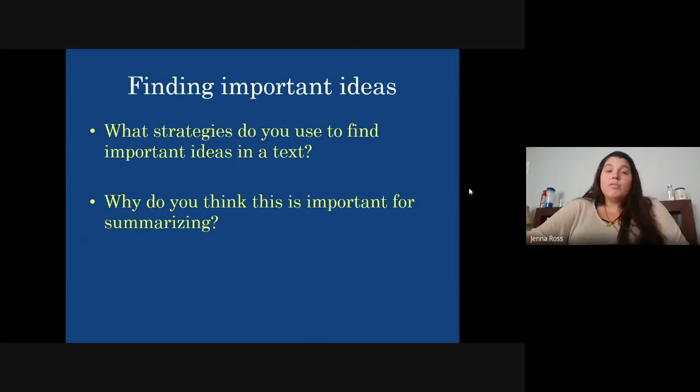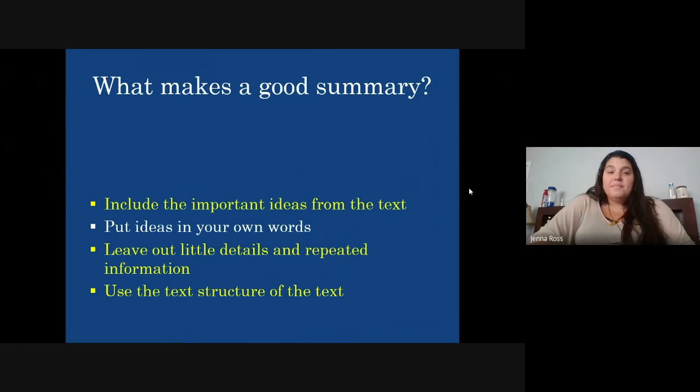And we've talked about before why summarizing is important, but why do you think summarizing is important? Think about that for a second. Well, one reason is that summarizing helps you understand what you're reading. It helps you think about what you've read and decide what's important.